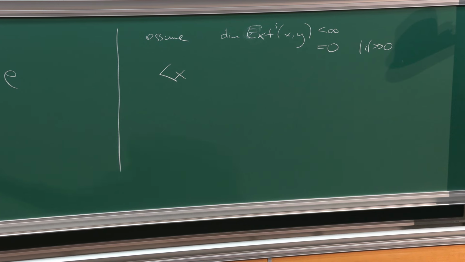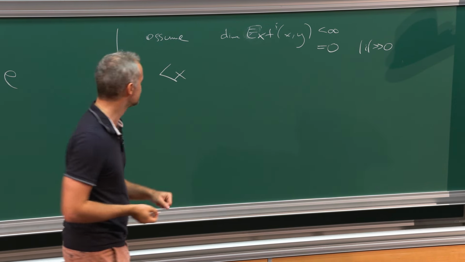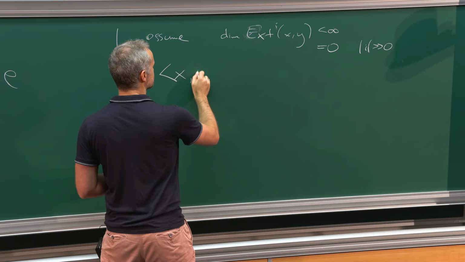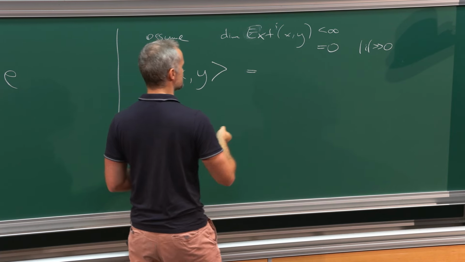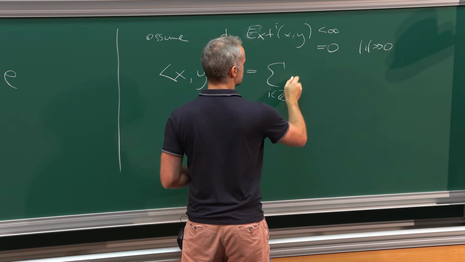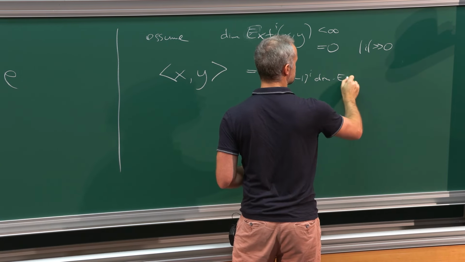Yes, so for this I only need negative, but for the notation I want to introduce, I need both. So I want to consider in general a kind of part of the Euler pairing. There's an Euler pairing, which we just heard in Tom's talk, which would be the sum over all integers of (-1)^i dimension of Ext^i.